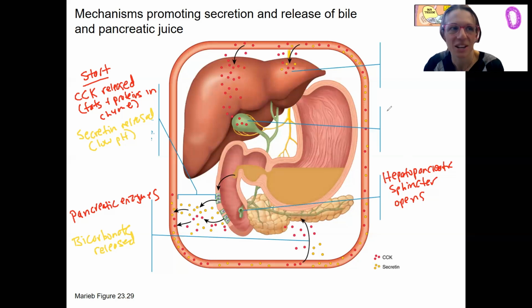Before the sphincter released, we had to have bile secretion and gallbladder release. So here we've got secretin triggering bile secretion from the liver. The other thing that's actually doing this is bile salts returning from circulation and stimulating this as well.